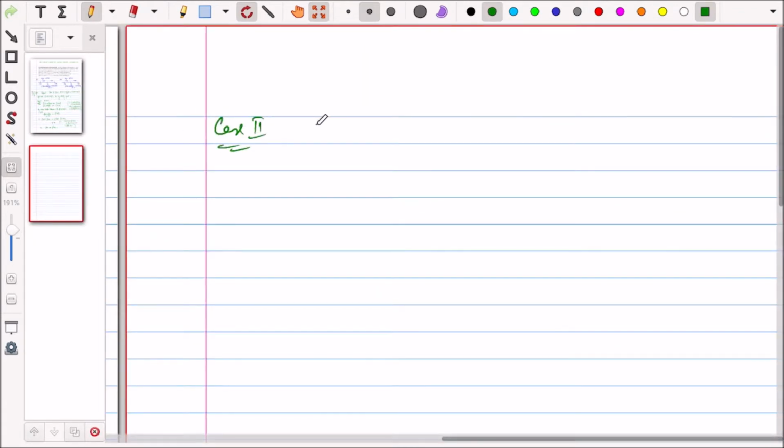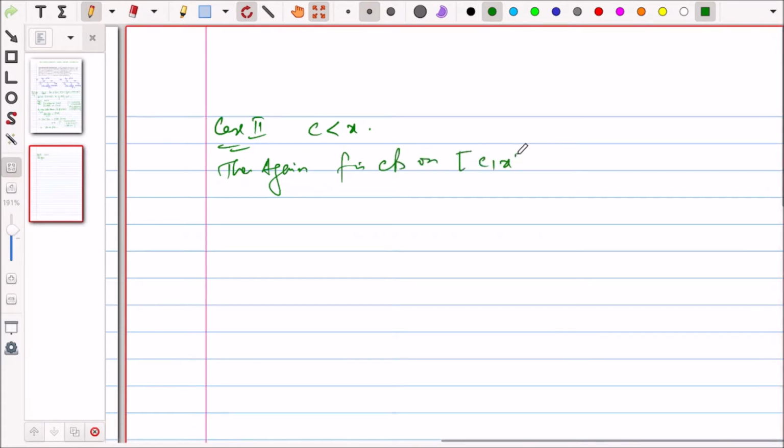Case 2, when c is less than x, then again f is continuous on [c,x] and differentiable on (c,x).